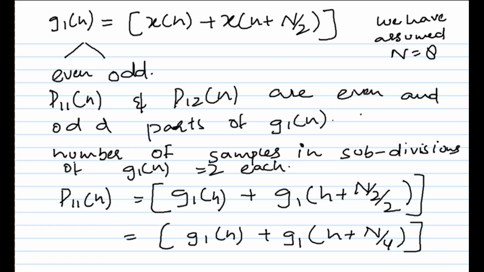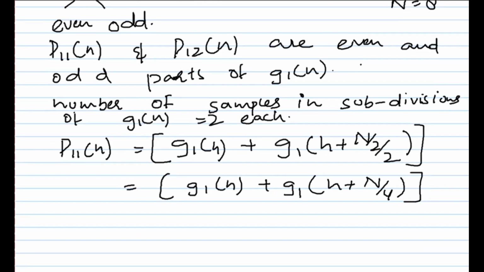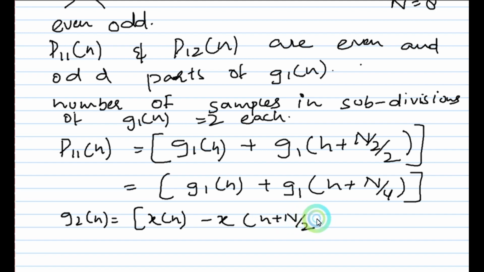Now let me come to p12 of n. We know that g2 of n is equivalent to x of n minus x of n plus N by 2, whole multiplied by W_N to the power n.